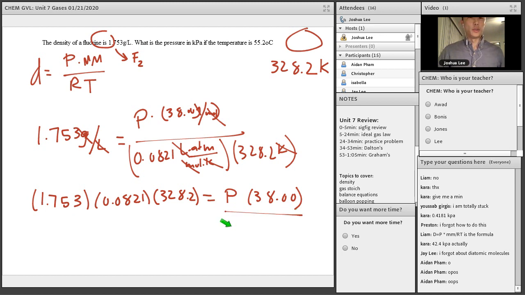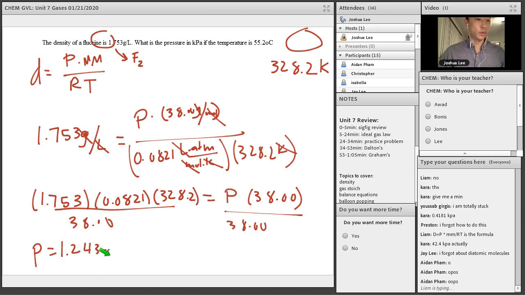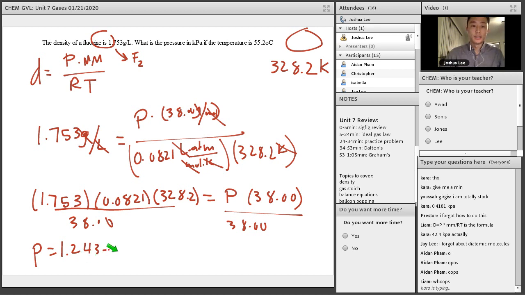Then divide both sides by 38.00. 1.753 times 0.0821 times 328.2 divided by 38. Pressure equals 1.243 dot dot dot. But this is in atmospheres.